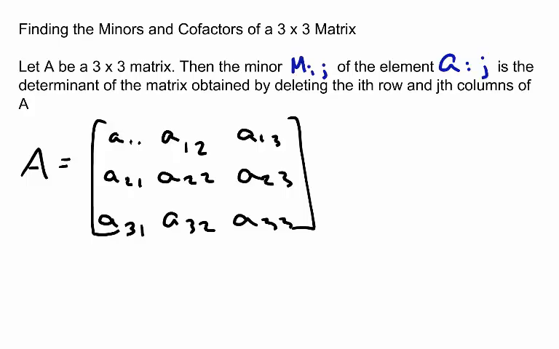Now suppose you're asked to find M 3,2. That's the minor for the third row and second column.